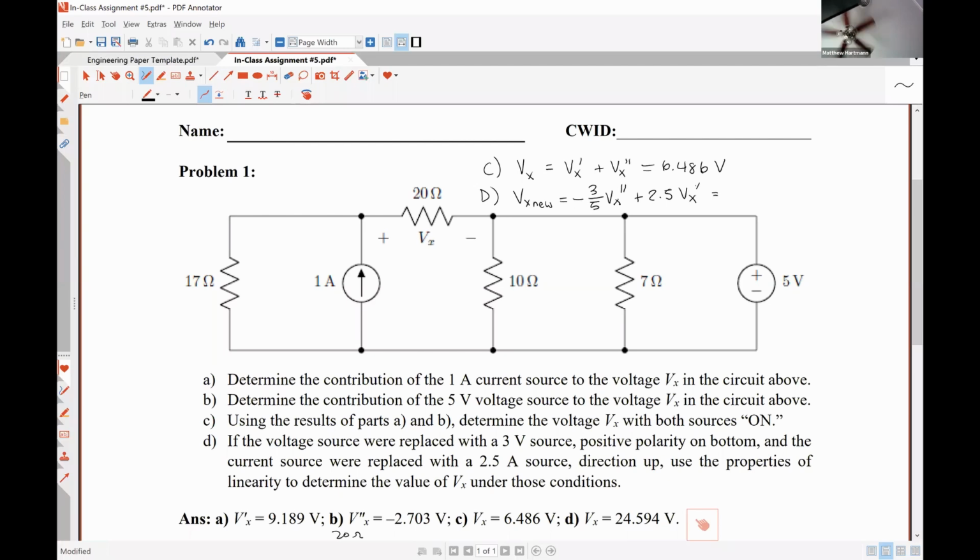And then Vx single prime is the one with the current source on. So that's my fault. Negative 3/5 plus, there we go. 24.595 or 459, whatever volts.